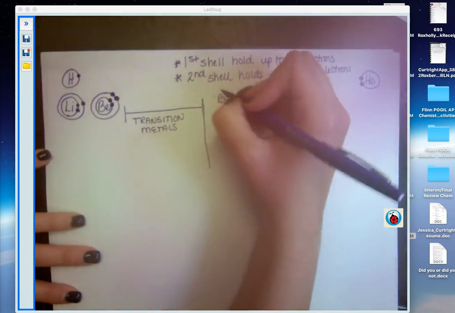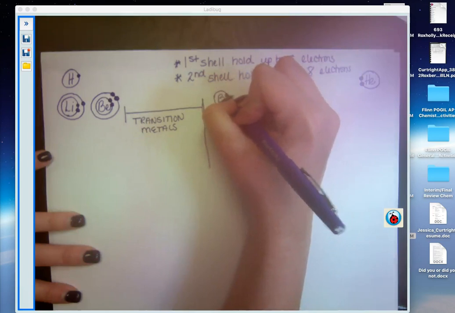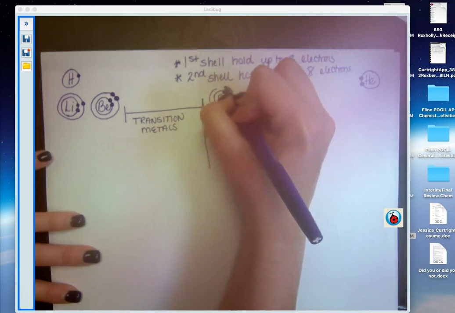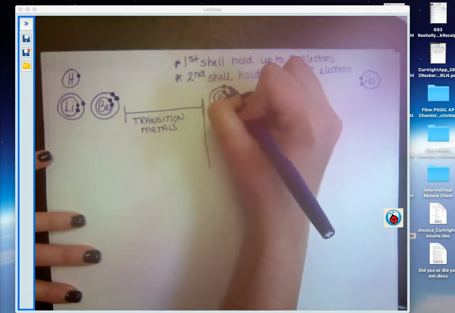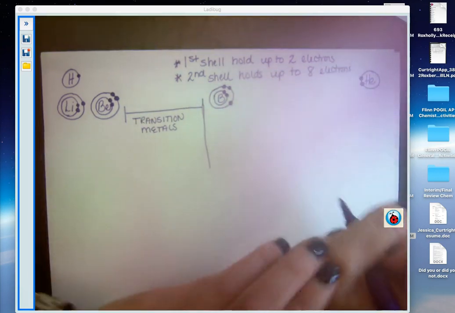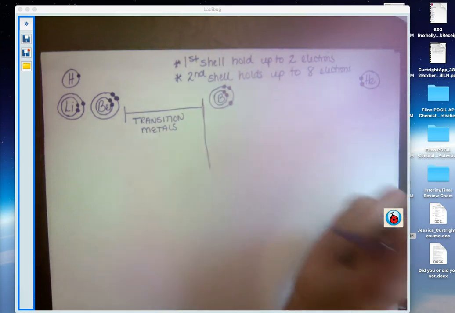Come across here, you've got boron. Boron has an atomic number of 5. So that's 1, 2, 3, 4, 5. I put mine in pairs. I've kind of always done that. It helps me visually to see who's missing a partner, but you don't necessarily have to do that.